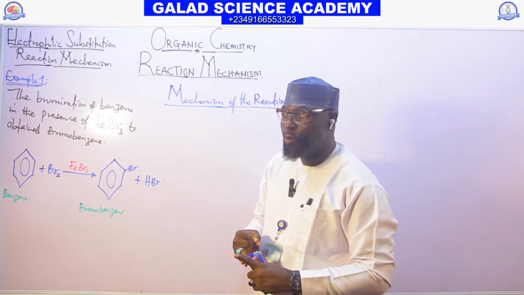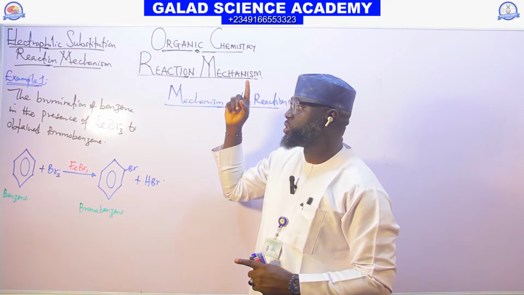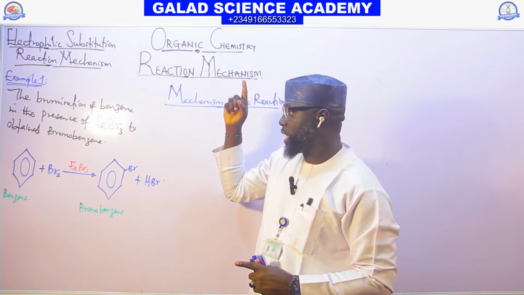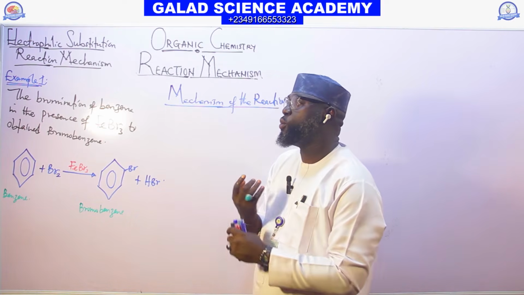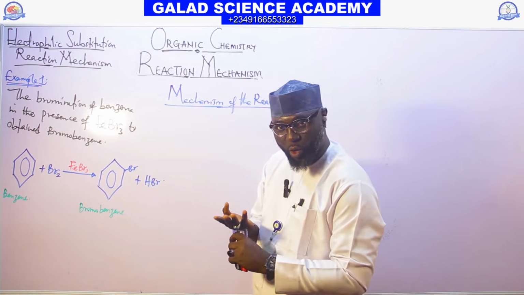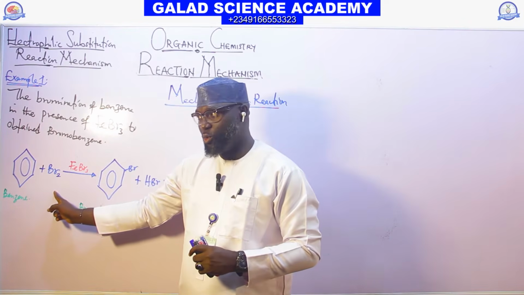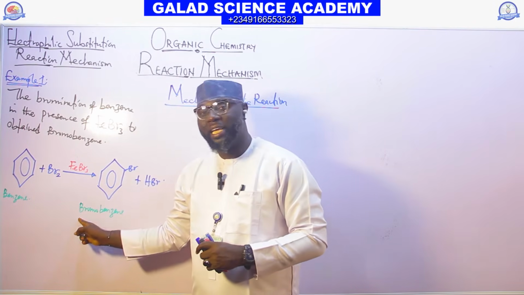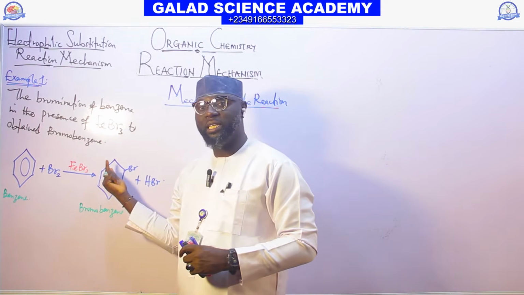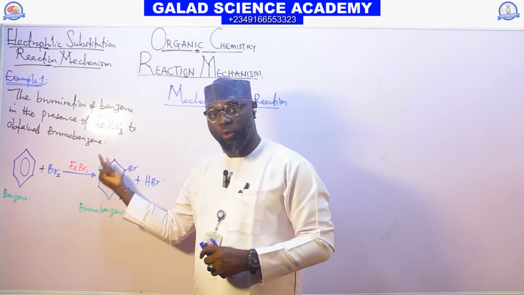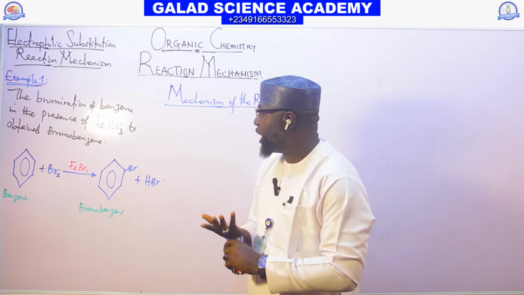If the electrophile forms in step 1, in step 2 the electrophile will react with benzene. At step 3, the hydrogen ion will leave the benzene and react with the catalyst to form HBr.